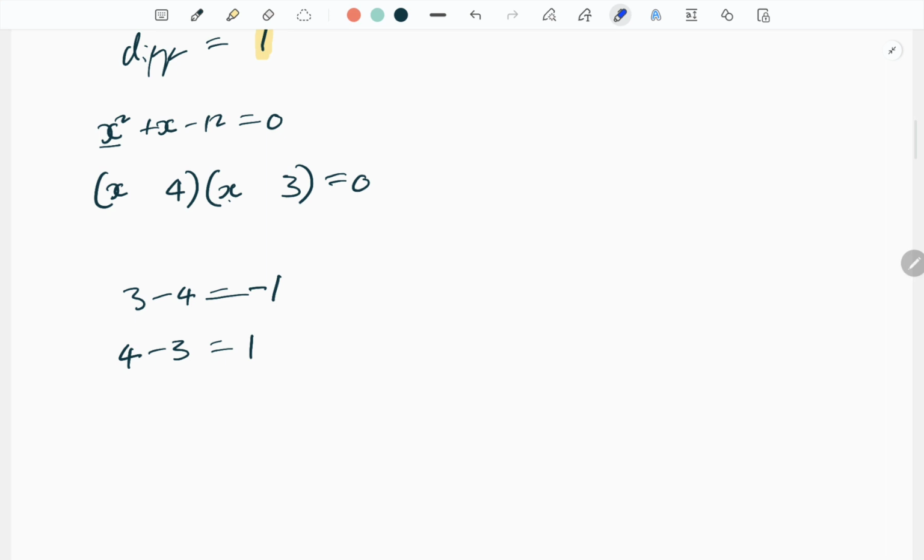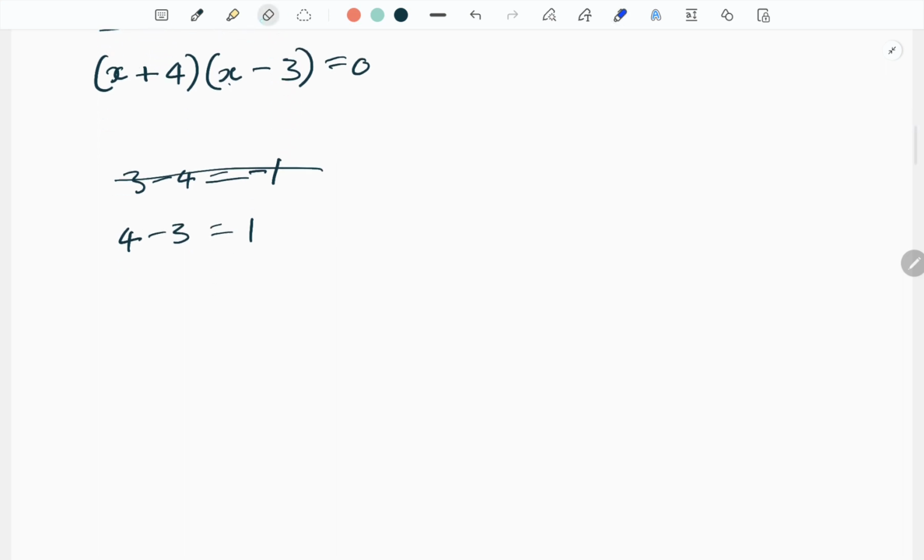So now we can come into these brackets. The bracket with 4 will be positive, because 4 is positive, and then 3 will be negative. Why? Because the larger number is positive, and the negative is added to it, and that's because the constant is positive 1, which is the coefficient of x.